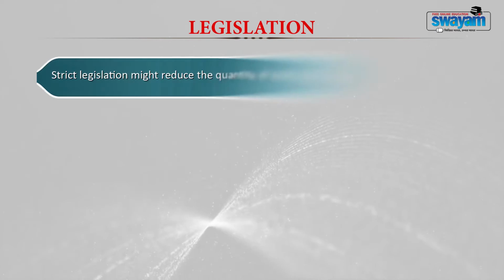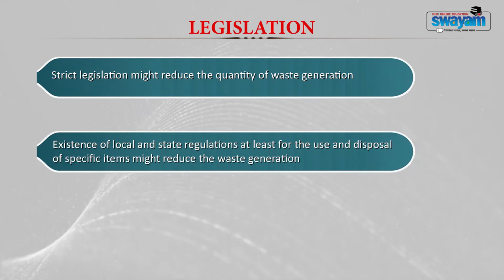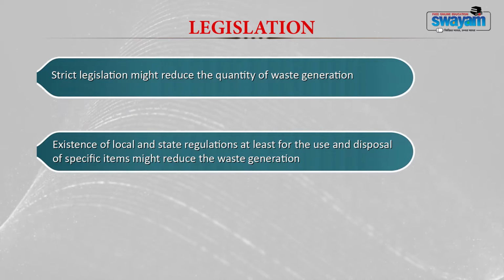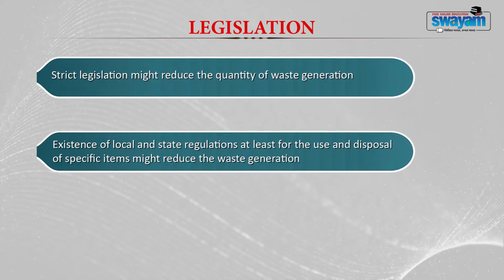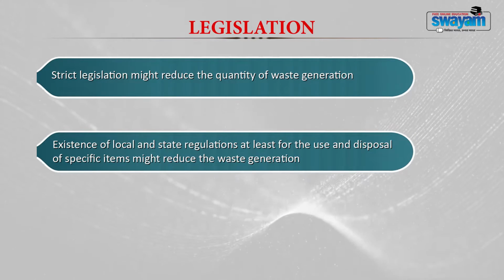Okay? Then comes your legislation. India as a country lacks strict laws and legislation. When laws are strict, obviously people will think about it. So strict legislation might reduce the quantity of waste generation. Now, the existence of local and state regulations, at least for the use and disposal of certain specific items, might reduce waste generation.